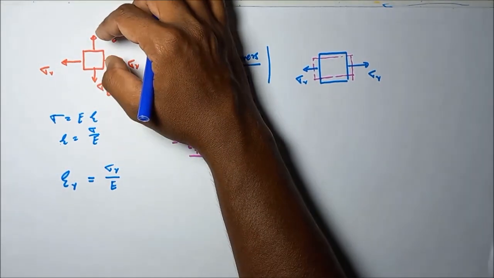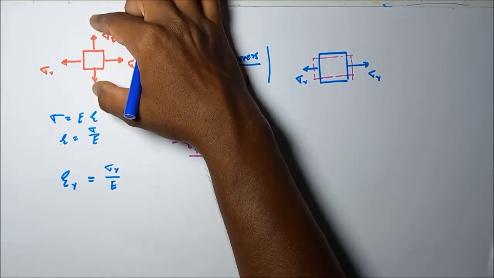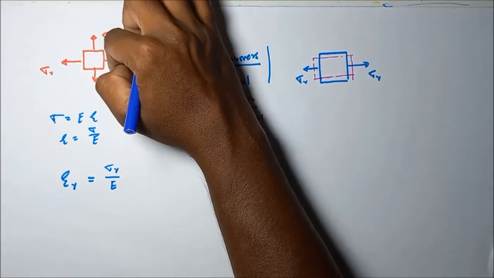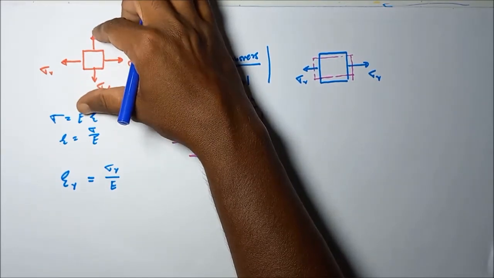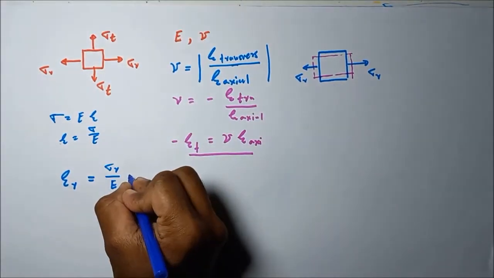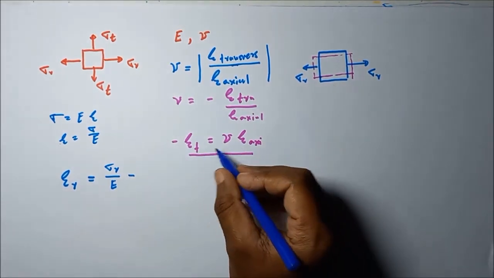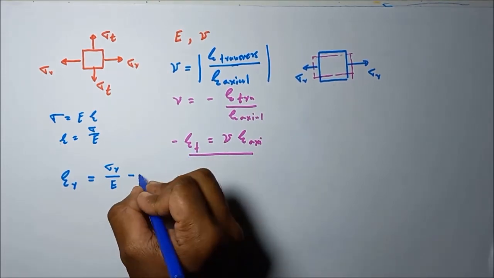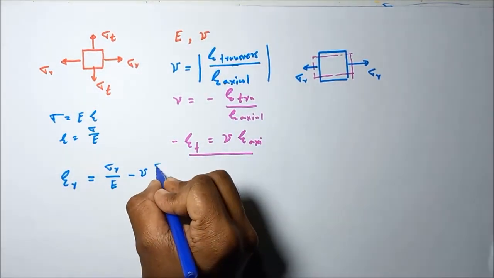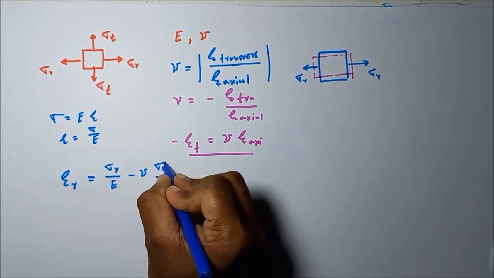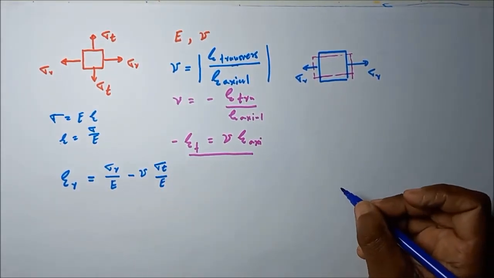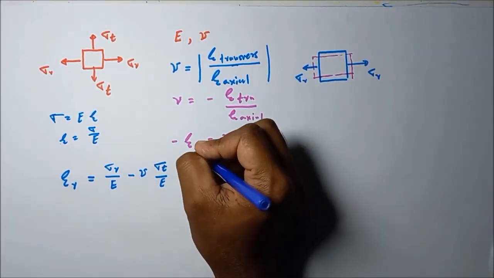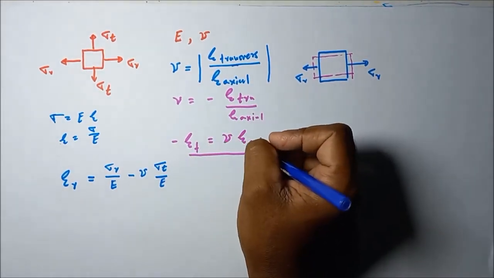Then because of the Poisson effect, when stretching in the tangential direction, there is also contraction in the radial direction. So we have to subtract this. That transverse strain we can calculate in this manner: nu into sigma t divided by E, since transverse strain is equal to minus nu into axial strain.